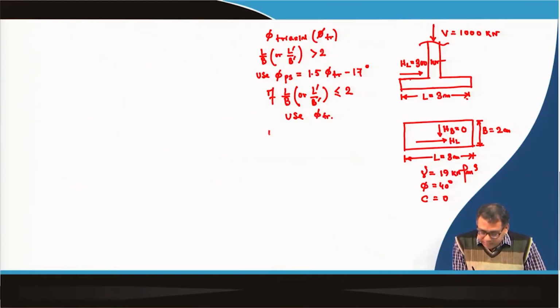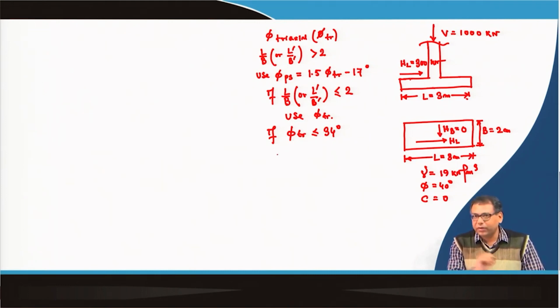Now, in any case where phi triaxial is less than or equal to 34 degree, then you use phi triaxial equal to phi plane strain.